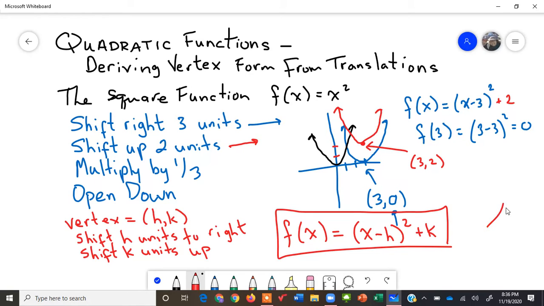So this is part of the vertex form, but it is not entirely finished.